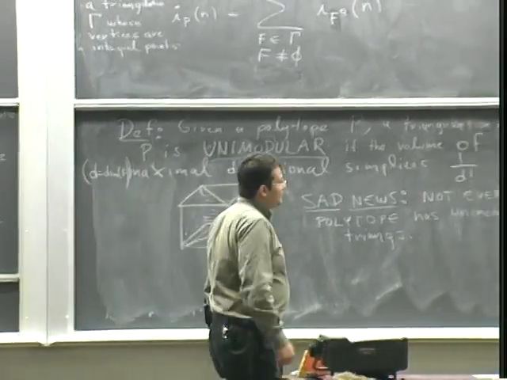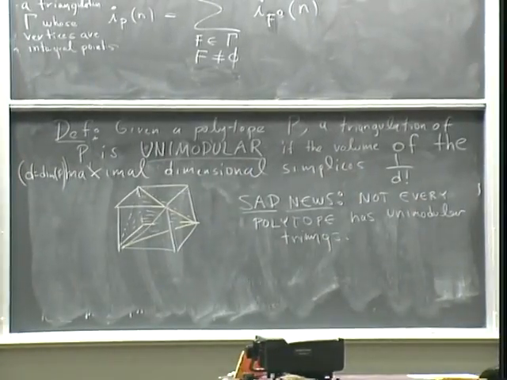So you blow it up enough times, and then suddenly you have enough lattice points to make the trick.